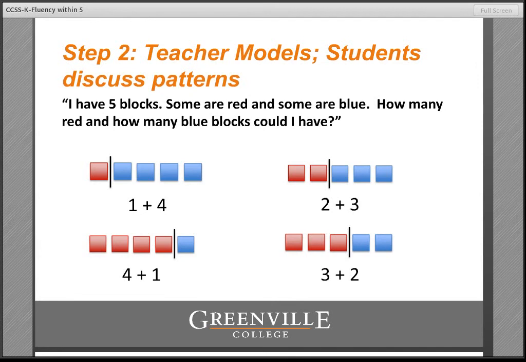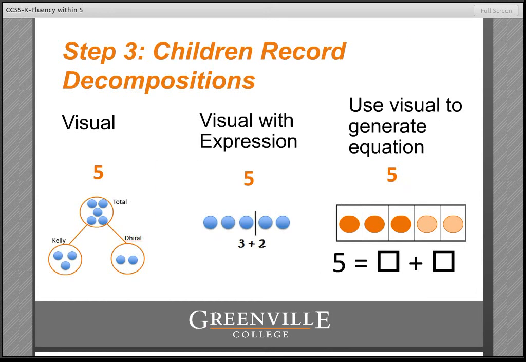And there are real advantages to calling them addends at this point because we want the children to understand the relationship between addition and subtraction. So by maintaining this language of addends and the total, we're going to help solidify how addition and subtraction are related to one another.